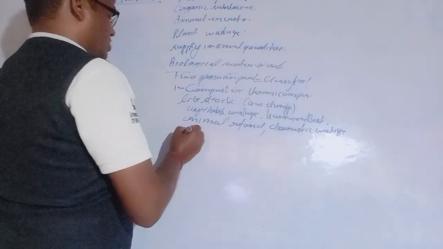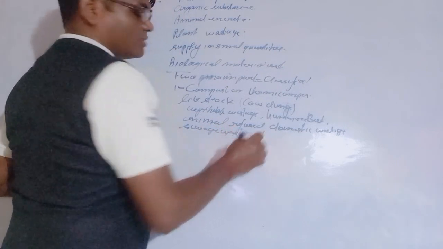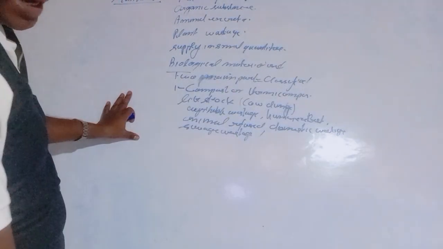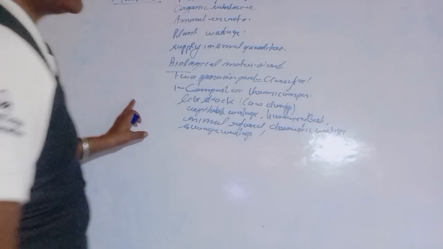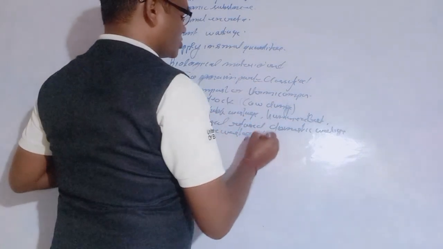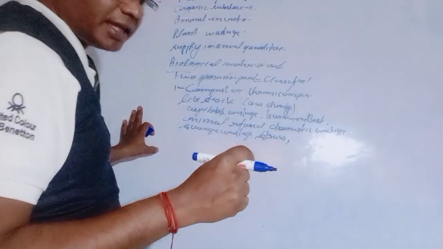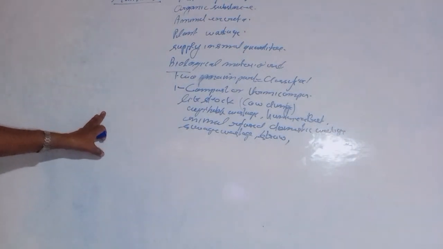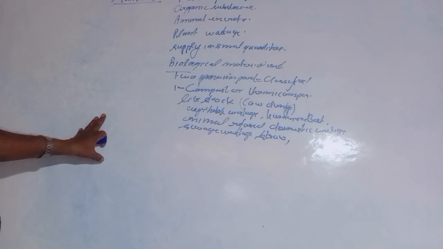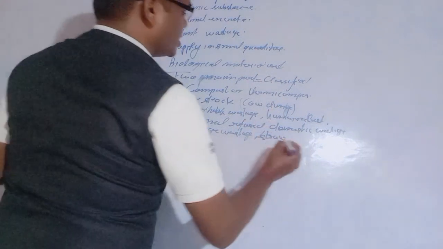And sewage wastage, sewage water, as you know. Compost can also be obtained from straw, and also from eradicated weeds.